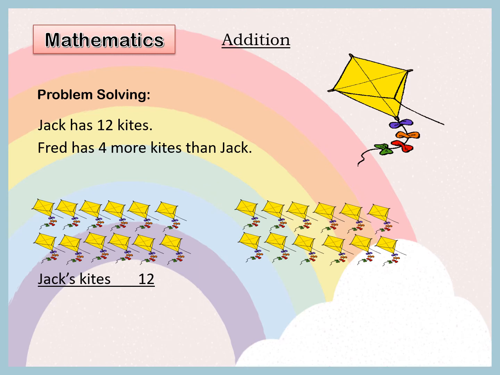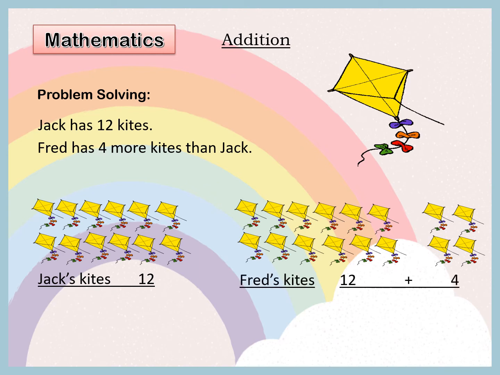Now, to understand the situation, Fred has the same kites as Jack, but he has 4 more kites than Jack. So we are going to add 4. 1, 2, 3, 4. So Fred has 12 kites plus 4 more kites.